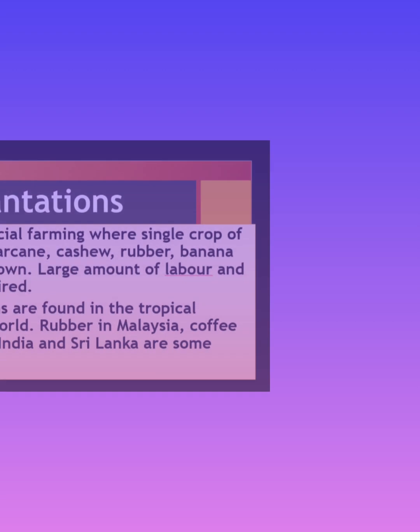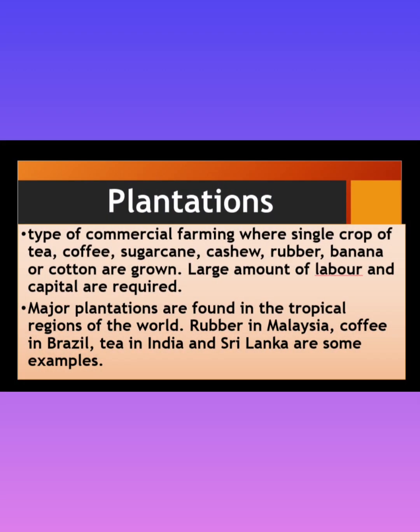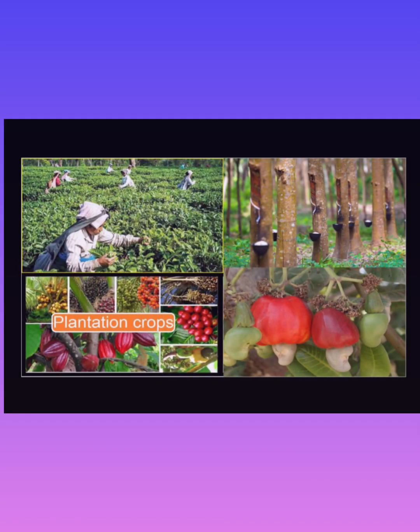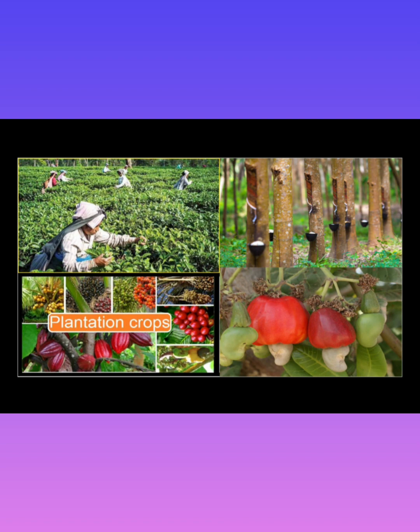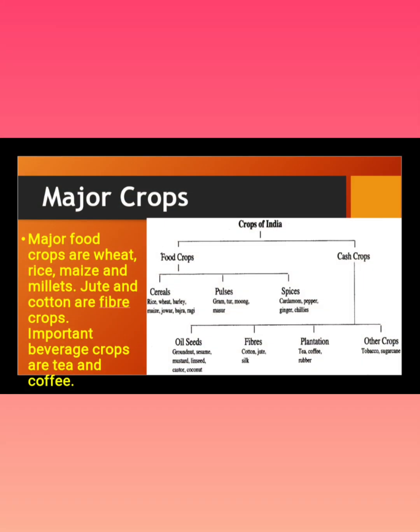Major plantations are found in the tropical regions of the world: rubber in Malaysia, coffee in Brazil, tea in India and Sri Lanka are some good examples. Students, now let us know about the major crops.